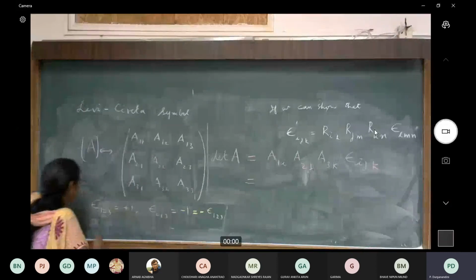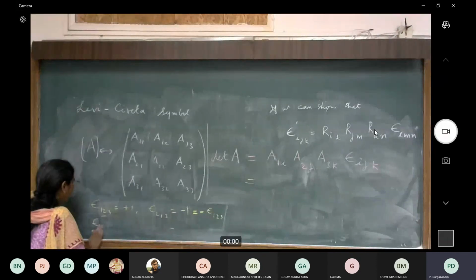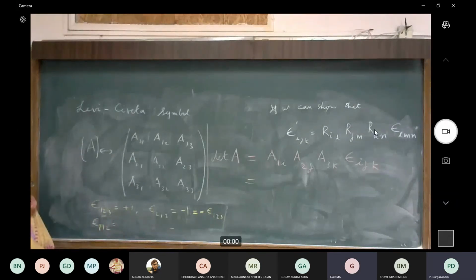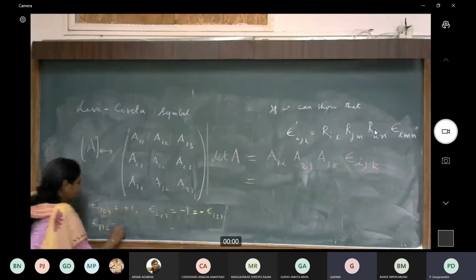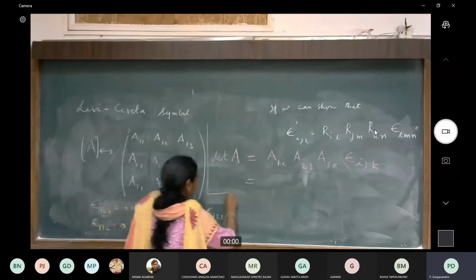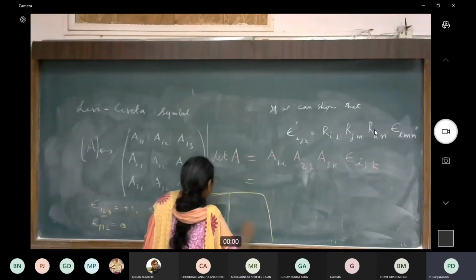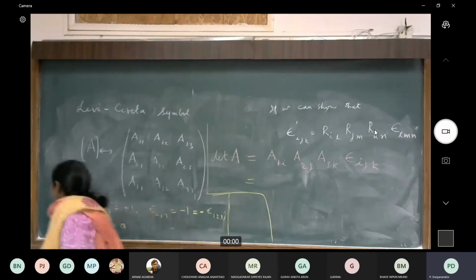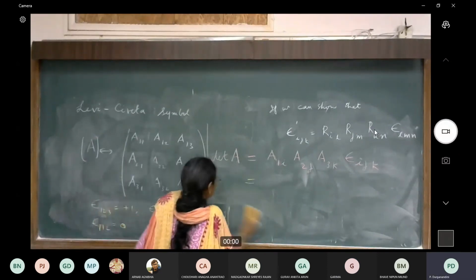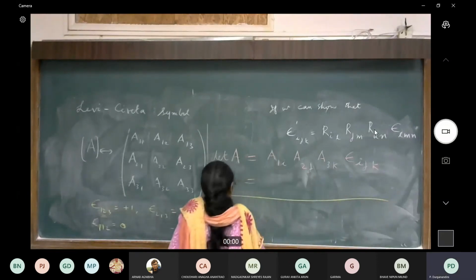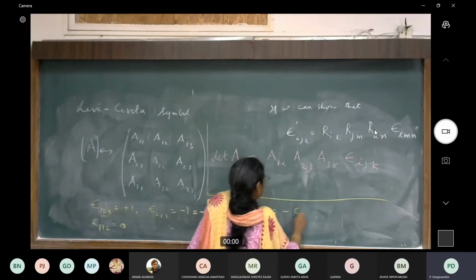And you can see now that if I have 1, 1, 2, what will be the value of this? 0. Okay. And if you go further and look at the definition again, if you look at this a little bit more elaborately, you will see that epsilon ijk is equal to minus epsilon jik.